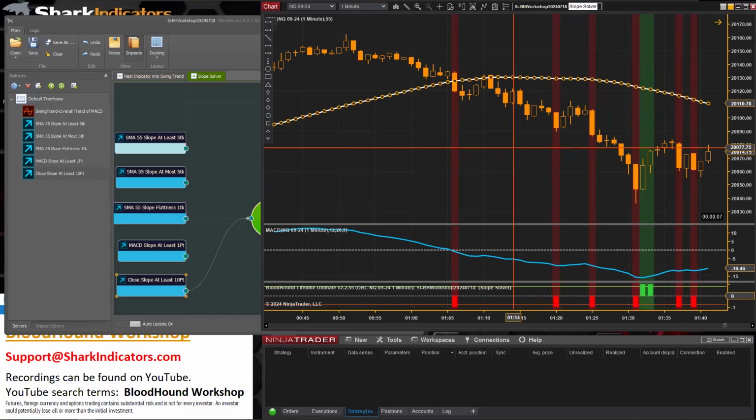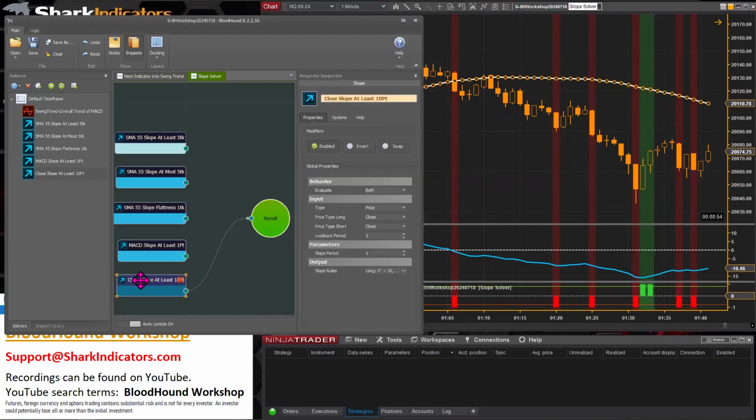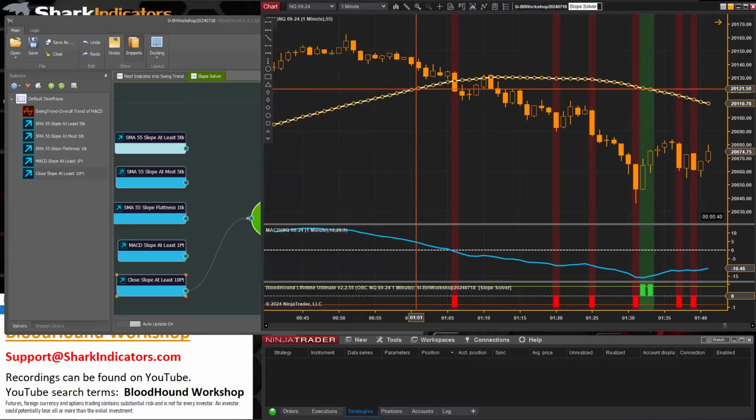So if you're not measuring something in degrees, what are you measuring? You are literally measuring the movement from one bar to the next bar. So this solver, identifying when the close moves 10 points up or down, that is exactly what the slope solver is doing. It's looking at your indicator, or the price of the bars, and it's just looking at how far did it move.